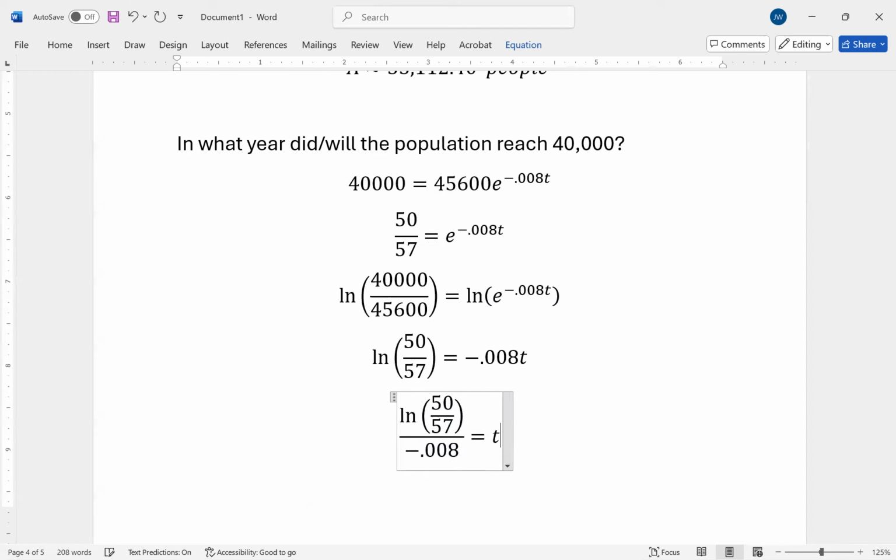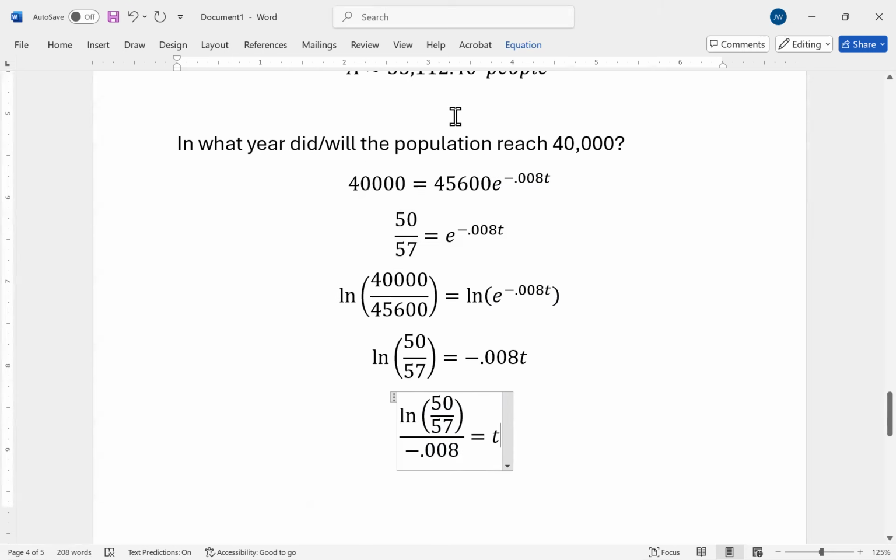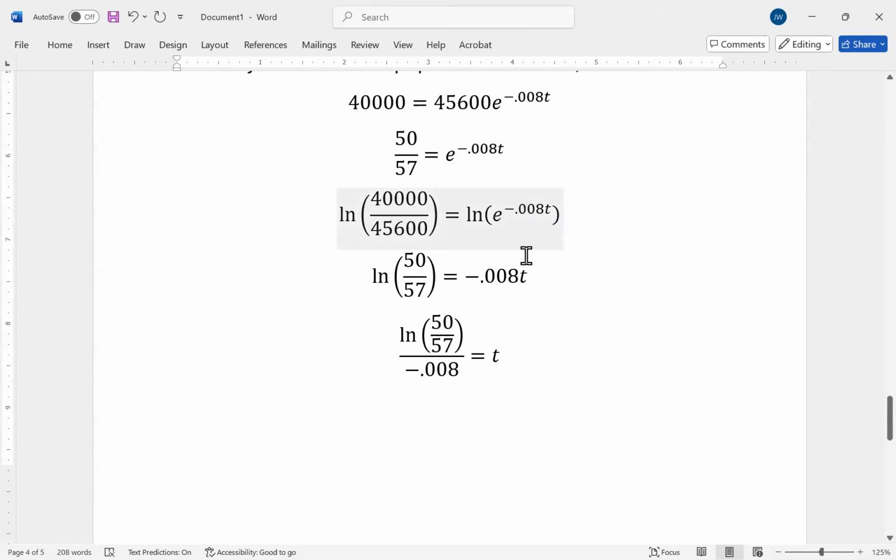That gives you your exact value for t. Obviously, we could probably come up with a rounded version in this case. So I type that into my calculator and get a t of about 16.38.